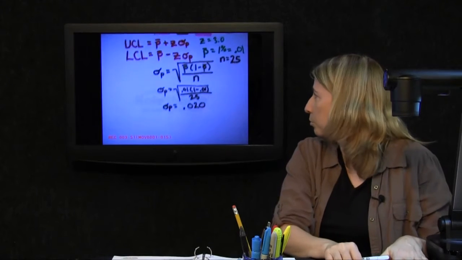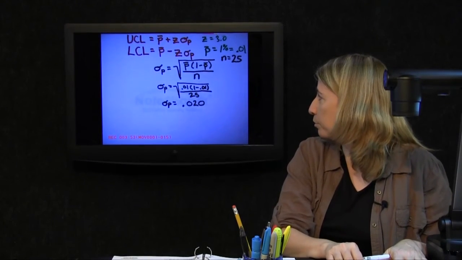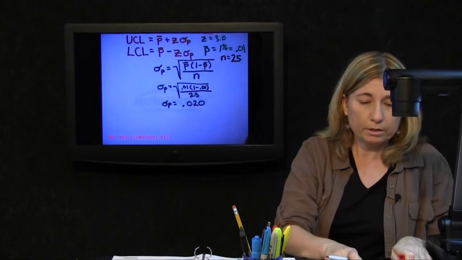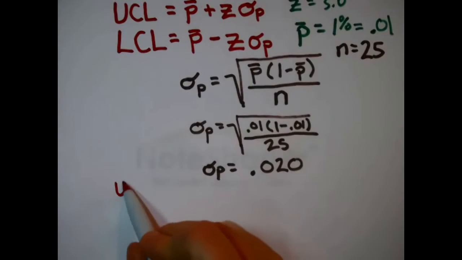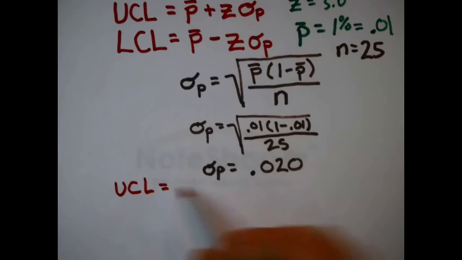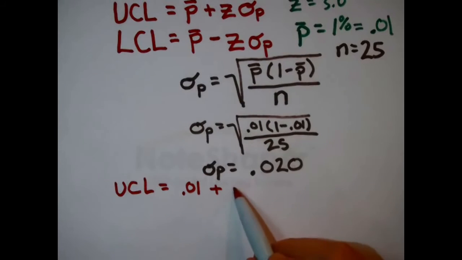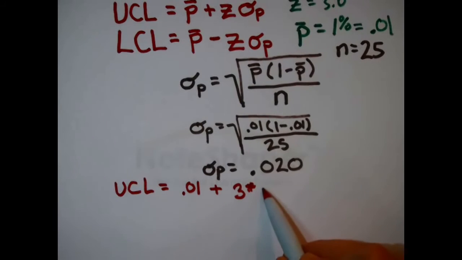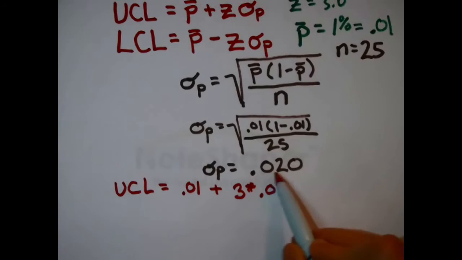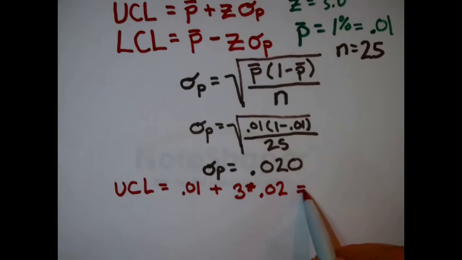Okay, so I'm going to work down here, have the formula up here. The upper control limit, 0.01, right? That's p bar, plus 3 times 0.02. That's this right here. Well, this 3 times 0.02 becomes 0.06, so the entire result is 0.07.